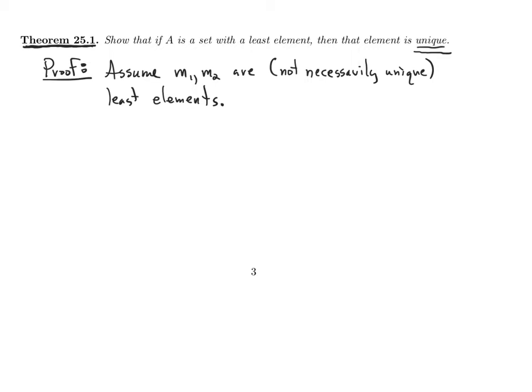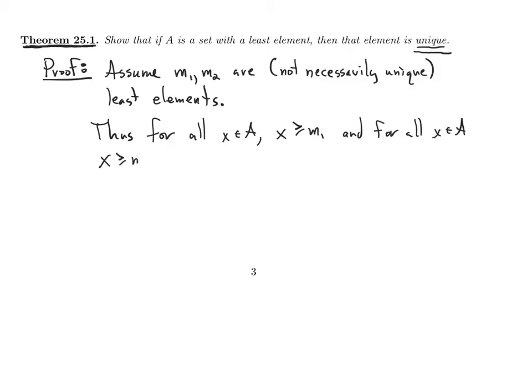So what does this mean? This means for all x in A, x is greater than or equal to m1, and for all x in A, x is greater than or equal to m2.